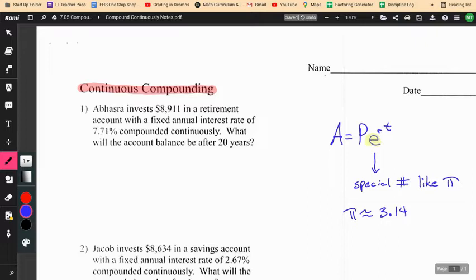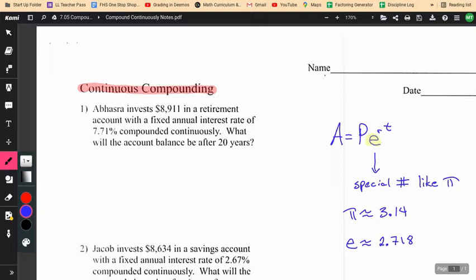E is a special number that's always the same number. It's a never ending decimal. And so we round it to be 2.718. So we estimate that to be 2.718. So if you see this E, it's just like pi, just with a different value. Okay, so that's the short of it.